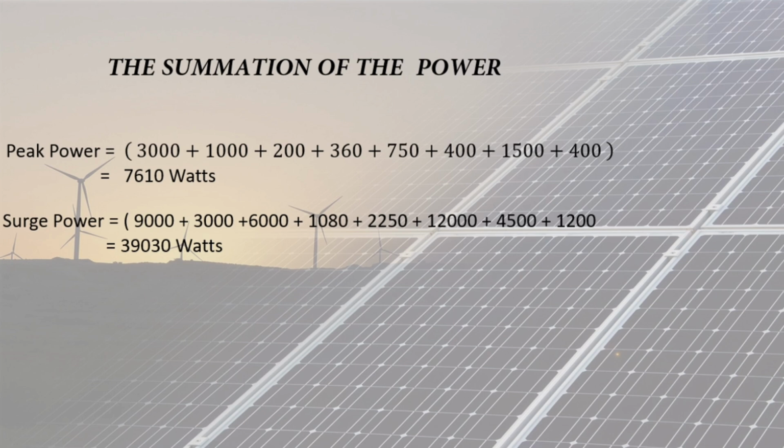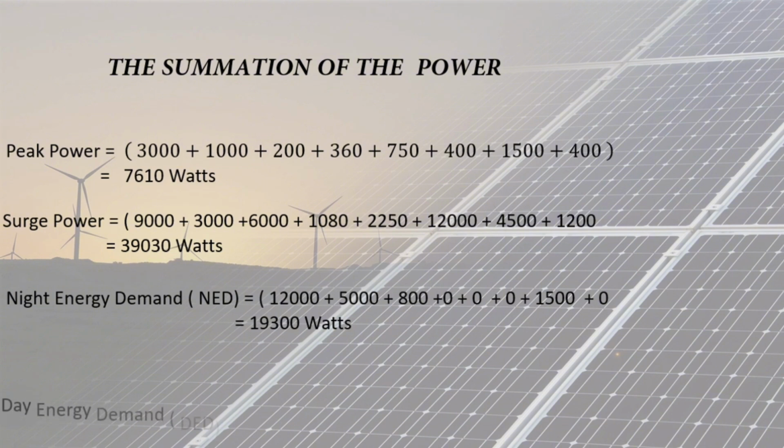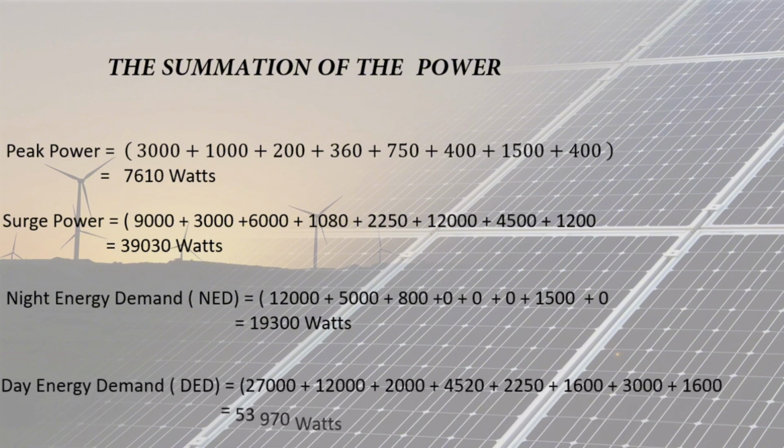Now we calculate our total night energy demand. Do the same thing, just take it from the table, add, and we got 19,300 watts. And finally, we calculate our day energy demand. Doing the same process, take them from the table, add them, and we got 53,970.